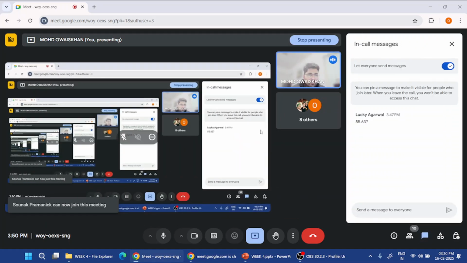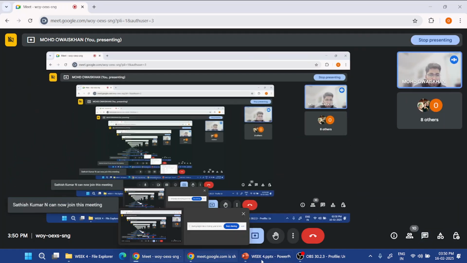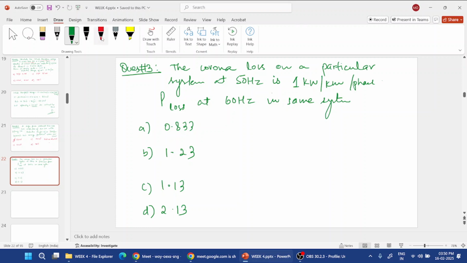Okay, so it's a quite easy question. We know that P is directly proportional to f plus 25. So P60 divided by P50 is equal to 85 divided by 75.